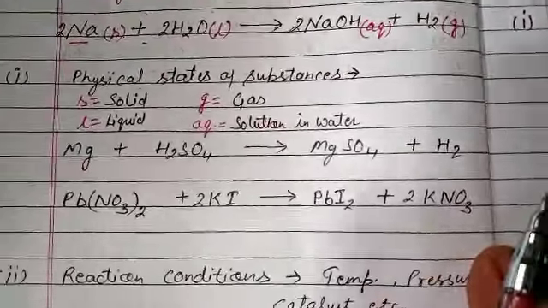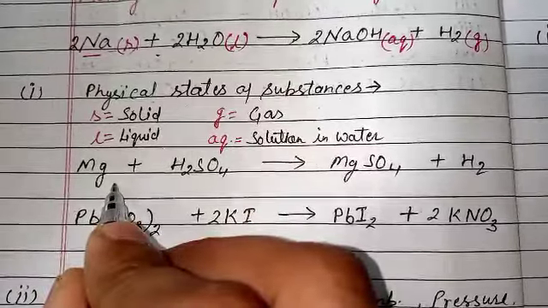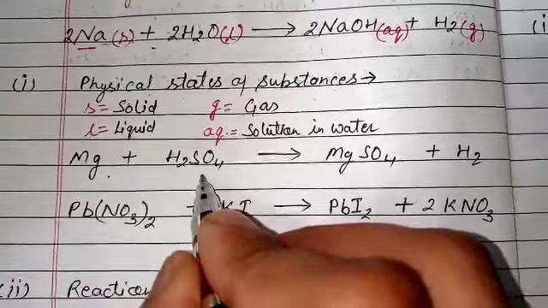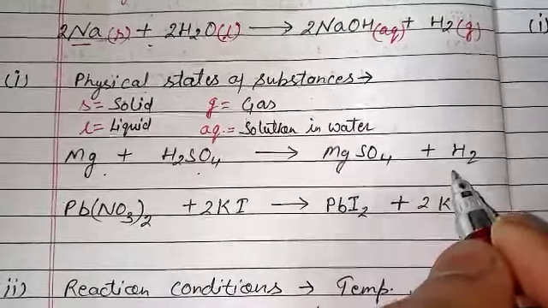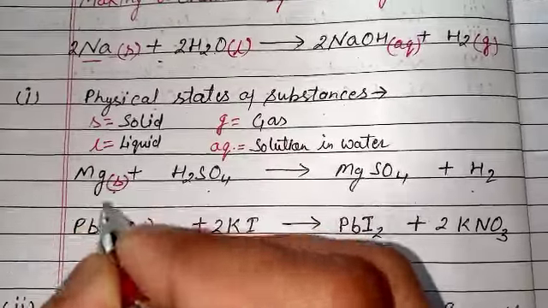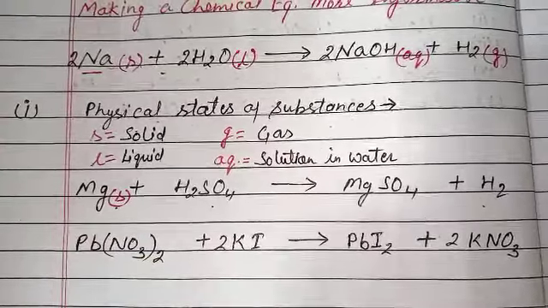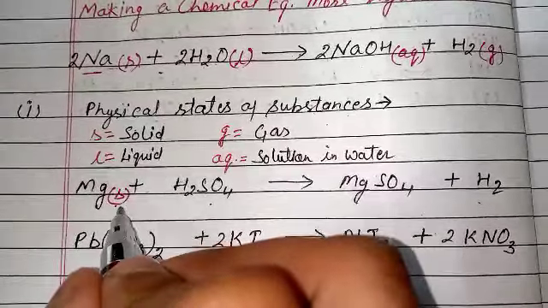Similarly, now take a few more examples. In this reaction, magnesium and sulfuric acid, H2SO4, react with each other and form magnesium sulfate and hydrogen gas. So we will write S after magnesium because magnesium is a metal and it is solid.